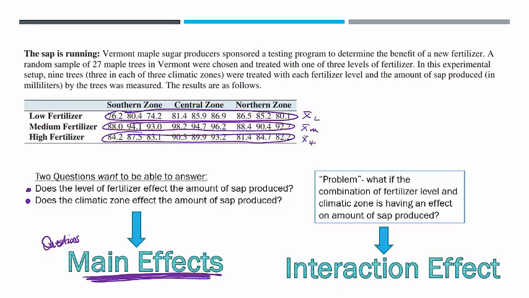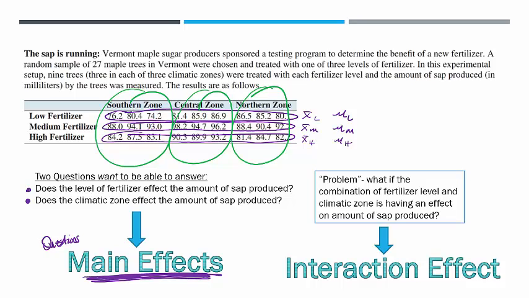Those numbers are measured and looked at, and that will help you understand if there's a fertilizer effect. Based on these sample means, are the population means for all the maple trees going to be the same? You could do the same for each climate zone. You could separate it into 9 trees in each climate zone and do a similar thing.